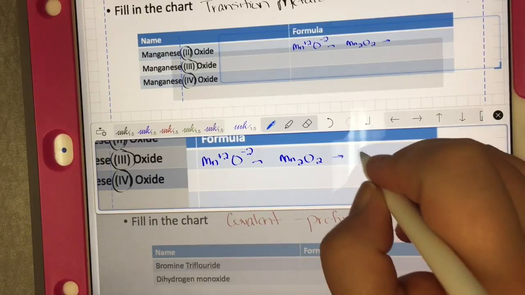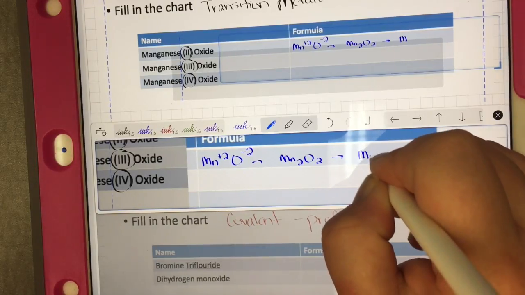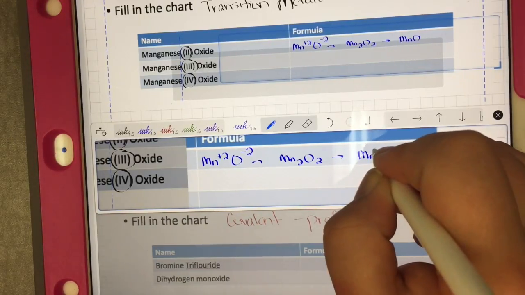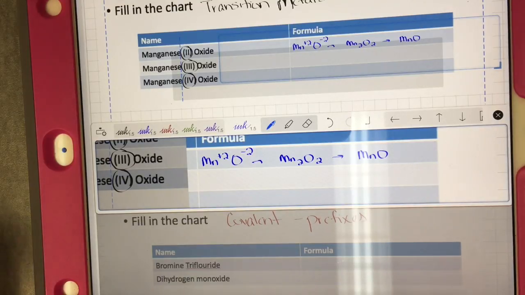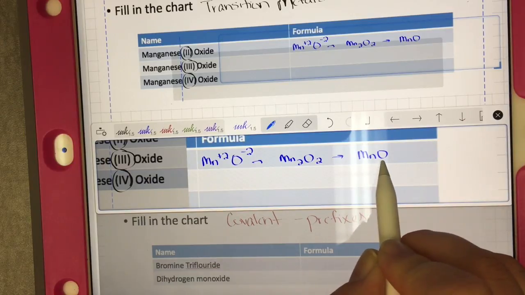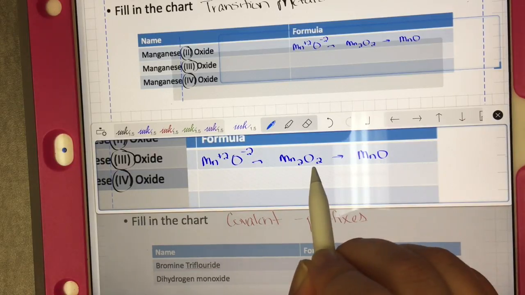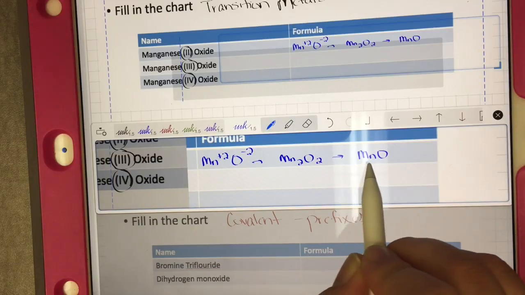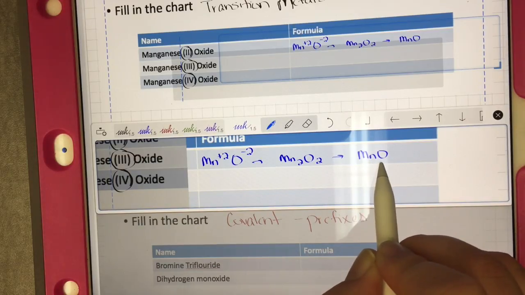We want to reduce that down to MnO. And just a brief preview of what we'll be going over in a little bit: the formula that's reduced down to the lowest ratio is called the empirical formula. So when we write our formula, we want the empirical formula, or the lowest ratio of elements to one another.